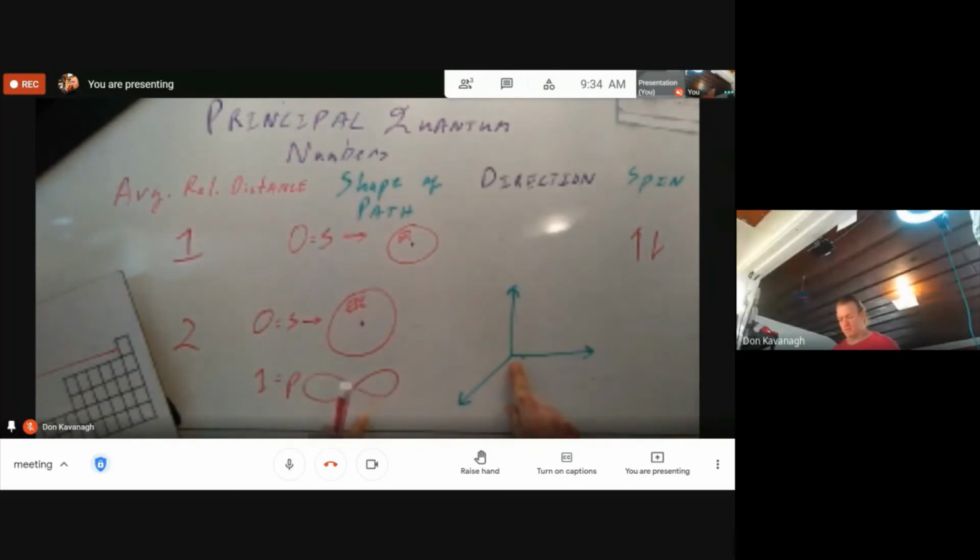These p orbitals have kind of a linear geometry. They're like 2 balloons tied together, and they can take on an orientation or a direction along the x, the y, and the z-axis. This is the z-axis meant to be coming out of the board towards you.